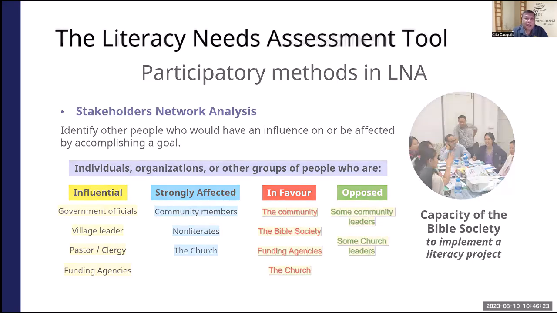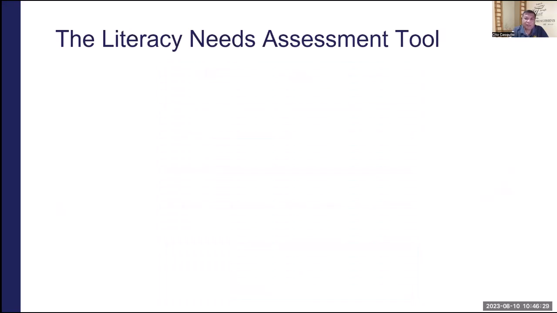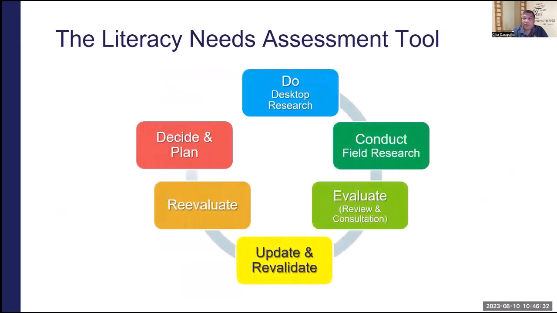So again, this is how the tool looks like and how to do it. The process is like this. So first, beginning with doing a desktop research and then conducting a field research to validate the information we gather initially from the web. And then we ask the literacy specialist in the community to evaluate the results we have gathered.